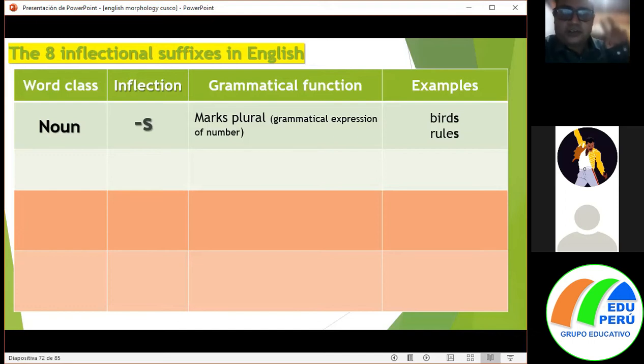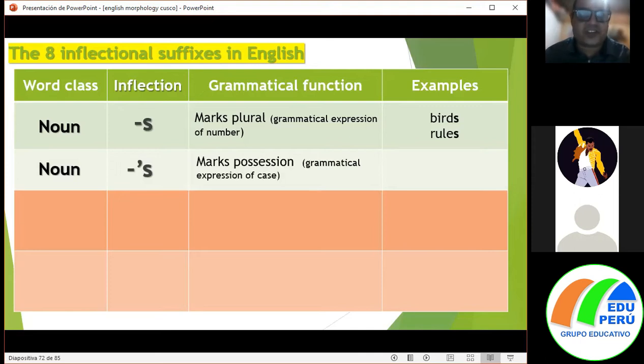Notice here, we have 2 cases of inflections related to nouns. The other is the apostrophe S. What does it mean? The apostrophe S, can you tell me? Possession. Excellent. We're talking about possession.